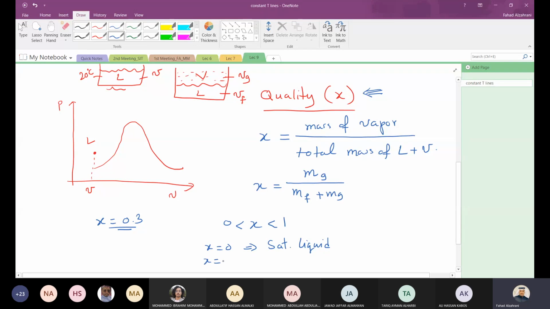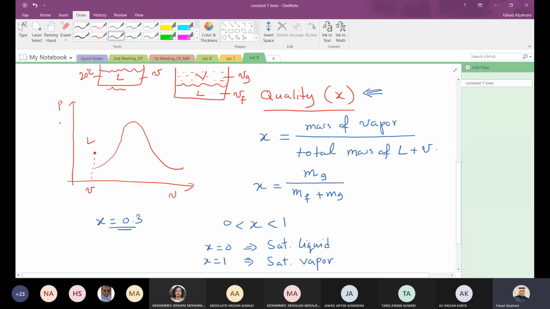With X equals 1, this is 100% vapor, which means which state? This is the saturated vapor state. Okay? Is that clear?